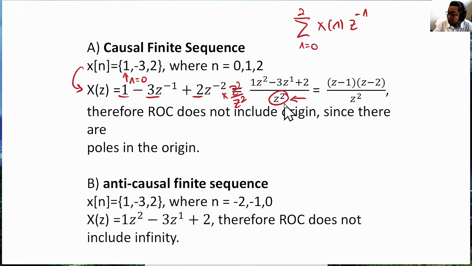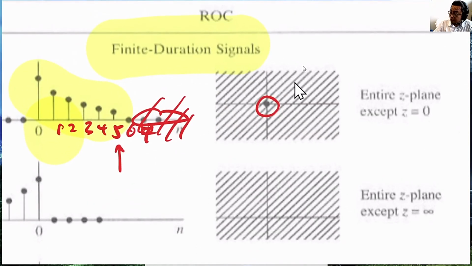Now, when we substitute z equals 0 into the denominator of this expression, what do we get? The whole expression X(z) becomes infinity. So at the origin, where this is the real part of z and this is the imaginary part of z, there is a hole here. The region of convergence cannot include the origin.